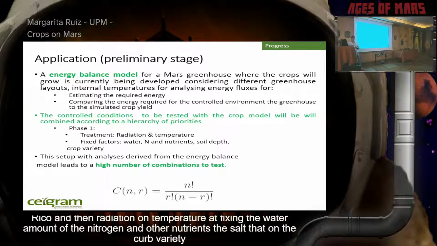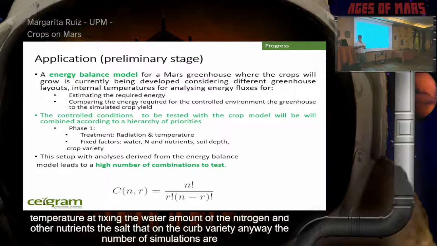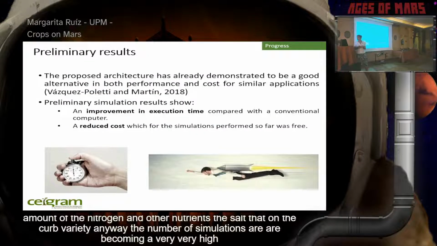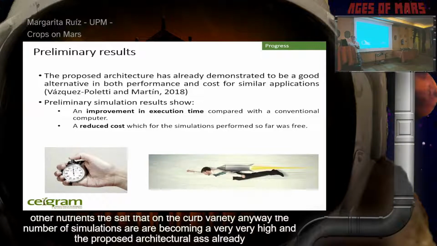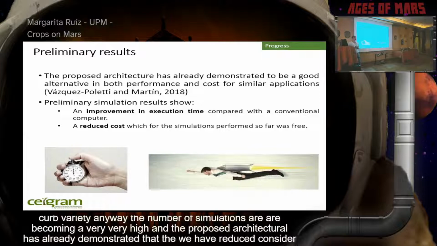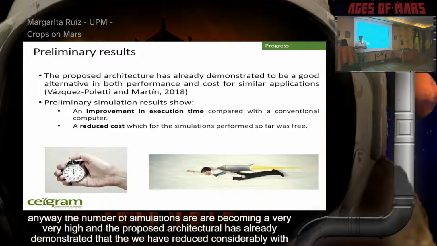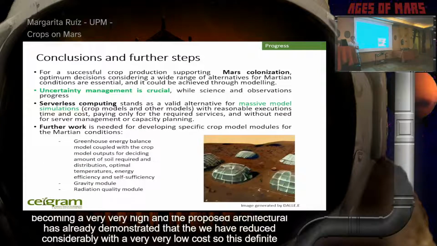Anyway, the number of simulations is becoming very, very high, and the proposed architecture has already demonstrated that we have reduced considerably our execution time with a very, very low cost. So this is definitely the approach we are going to follow.